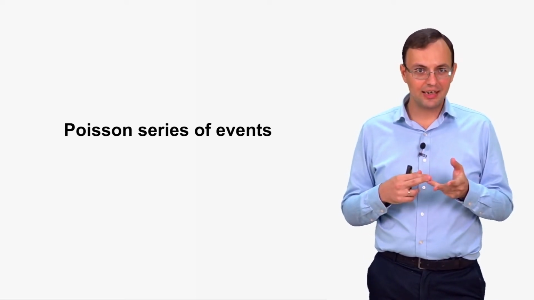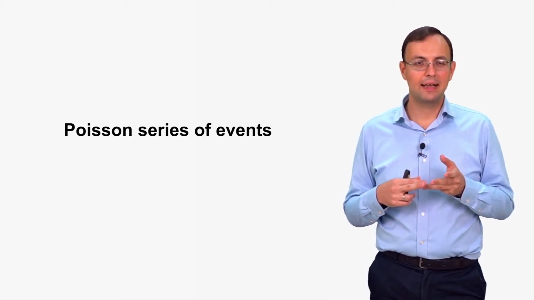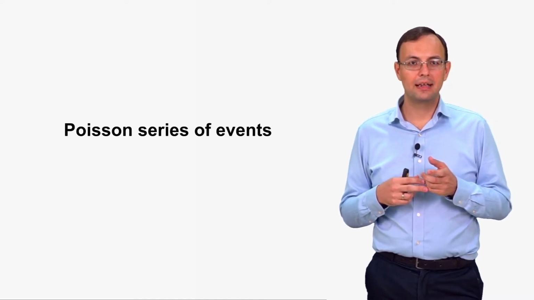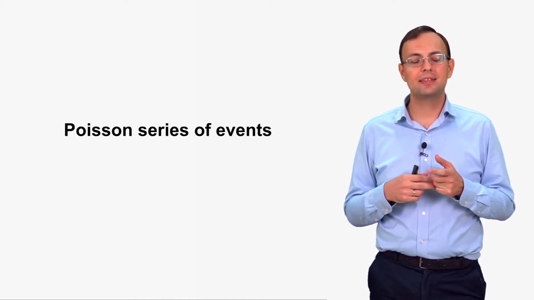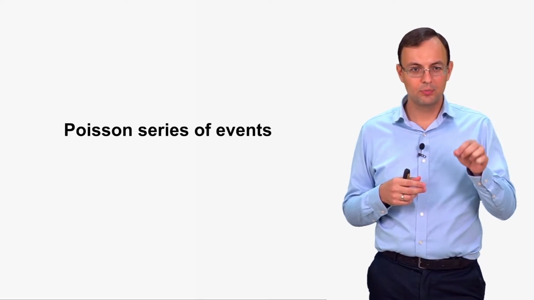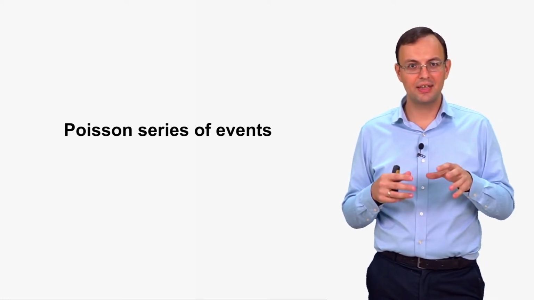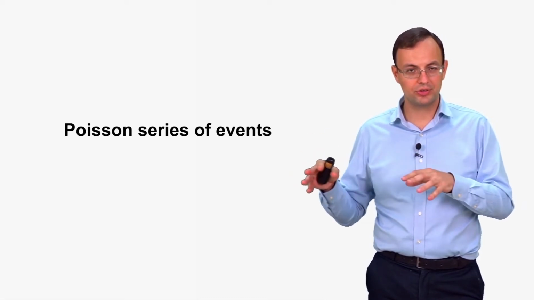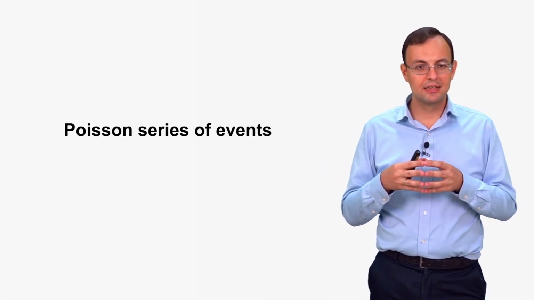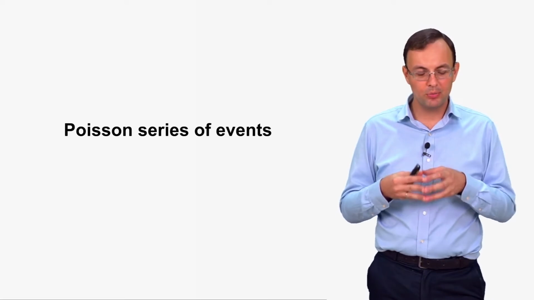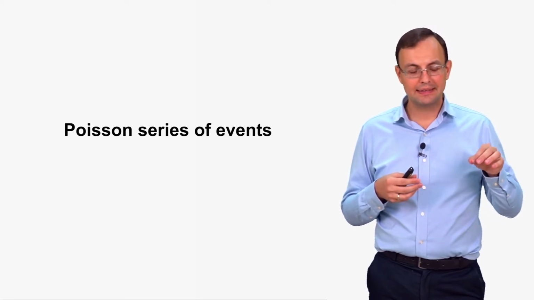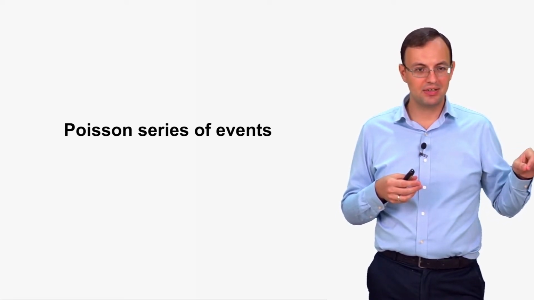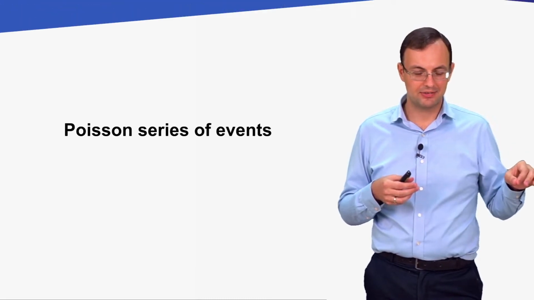Then, the second condition is that the moments where the events of our series will happen in the future must not depend on the moments where these events happened in the past.